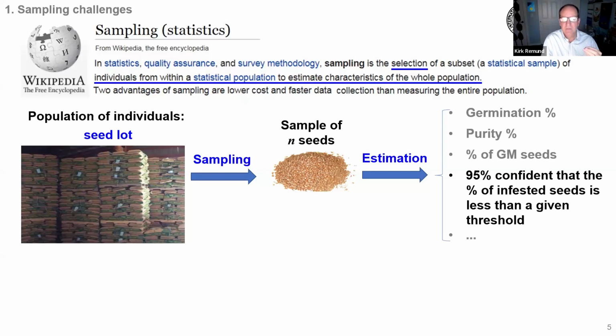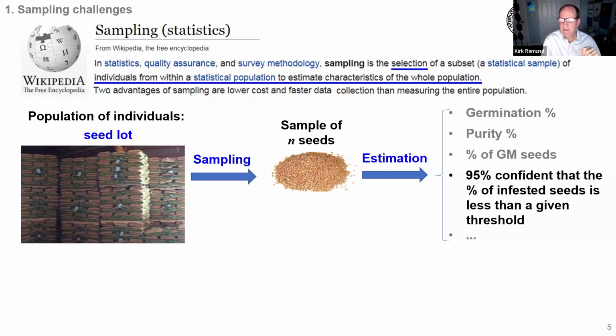We need to obtain that subset of seed, and that little blue arrow that says sampling is an important effort, and it needs to be done the right way to get a representative sample. And then we get to these N seeds. We use this parameter N, small n, to be actually physically the number of seeds that we test in a working sample to do some type of estimation.